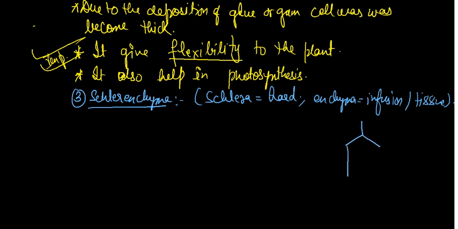Cells are isodiametral, the point is still the same, but that is hard. So you have to draw the diagram like this. Whatever diagram I draw, you have to draw like this.